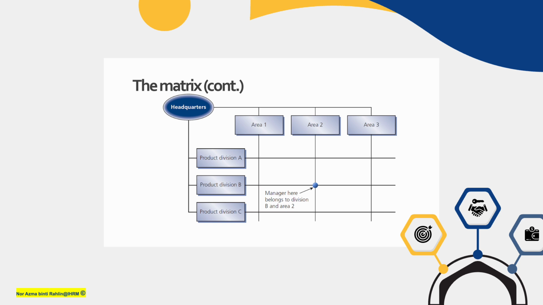It can help to reduce redundancy and increase flexibility. The next advantage of this organization structure is greater adaptability to change, where the organization can quickly respond to market demands and change because of the dual reporting structure that allows for dynamic decision making.